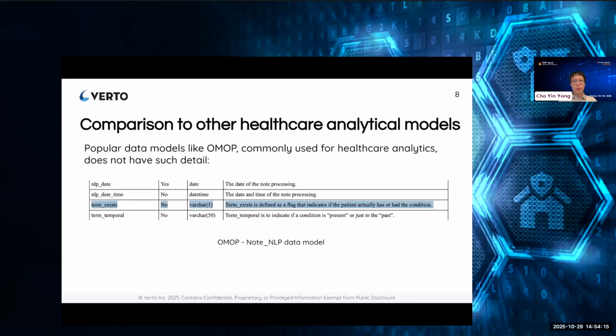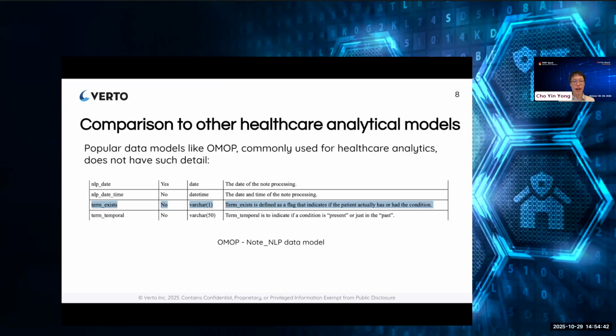And to compare this with other healthcare analytical models, it's worthy to note that popular data models like OMOP, which is actually very popular and commonly used for healthcare analytics, does not contain such detail. So we did look into alternatives of FHIR, and OMOP was one of the top candidates. And we do see that in OMOP, there's also a table that keeps track of NLP data.